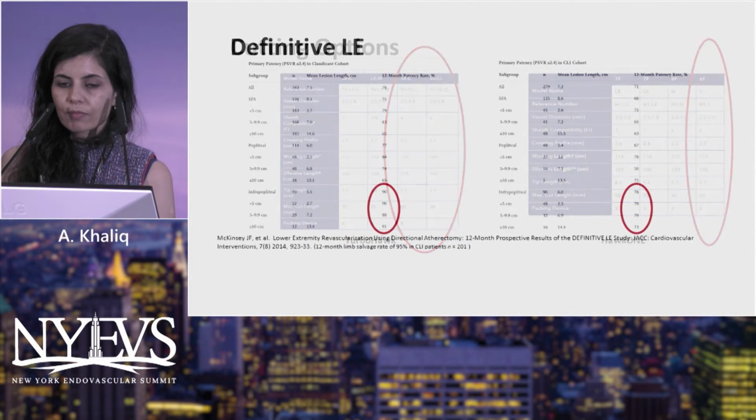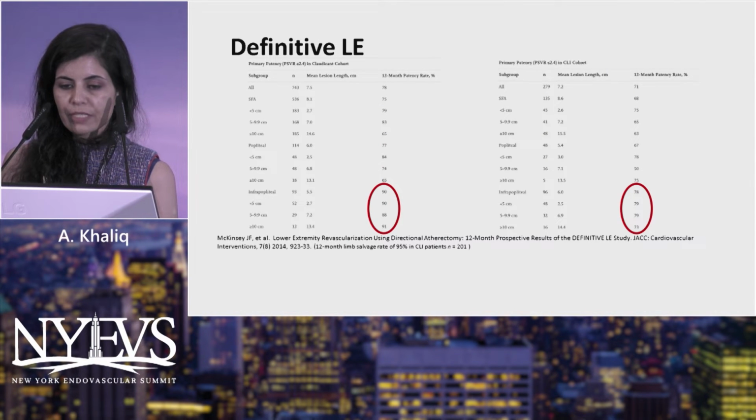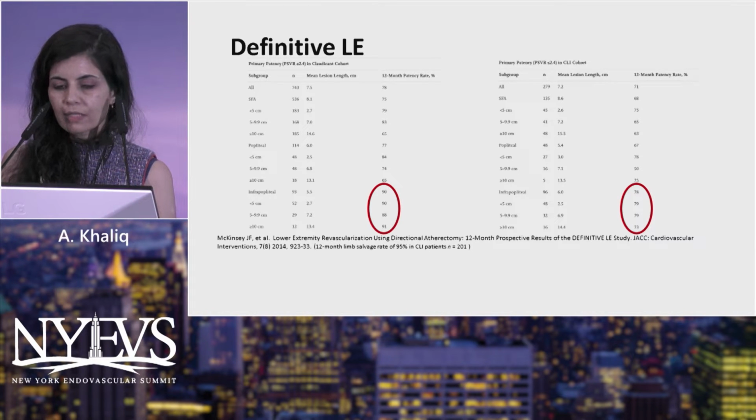Next. This is their data from Definite LE. Of the 750 patients they treated, a very small number of patients were actually infrapopliteal, but nonetheless, this is what we have, and it showed essentially good primary patency at 12 months, which is not that dissimilar from above the knee device use.